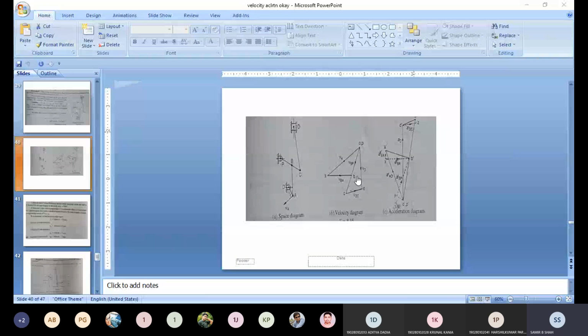I repeat the equation, which we already discussed: P dash B dash by P dash C dash is equal to capital PB by capital PC, where capital letters are for the space diagram and small letters with dash are for the acceleration diagram.